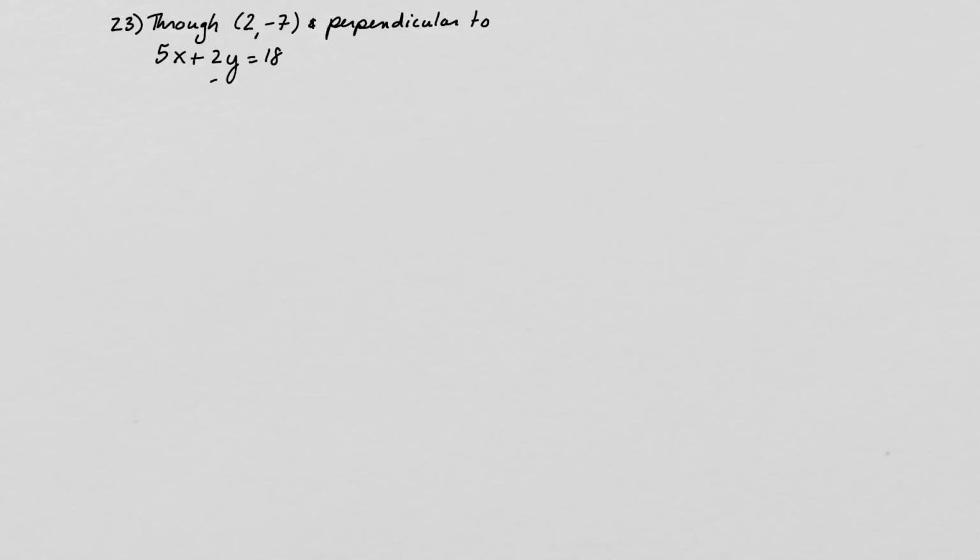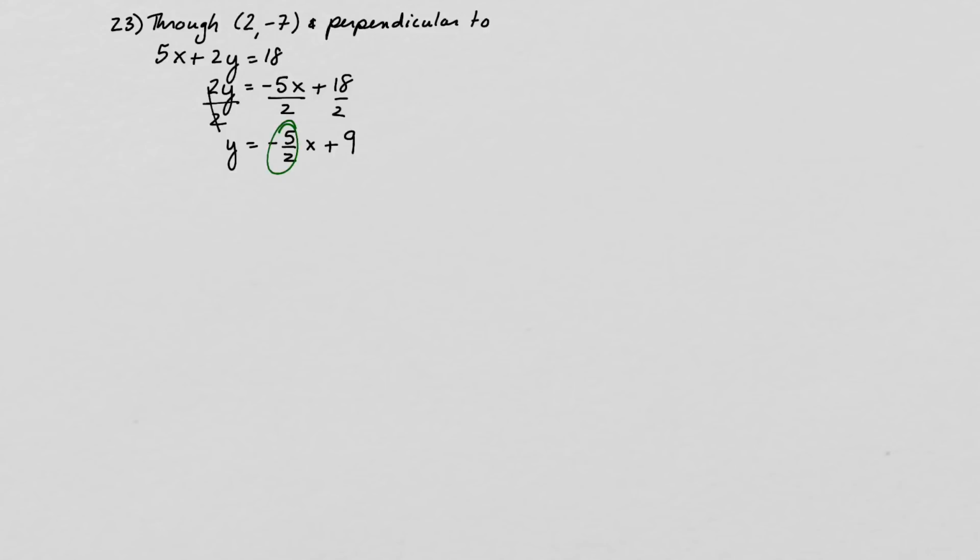So again, we're going to solve this for y. So 2y is minus 5x plus 18. I'm going to divide everything by 2. So y is going to be minus 5/2 x plus 9.